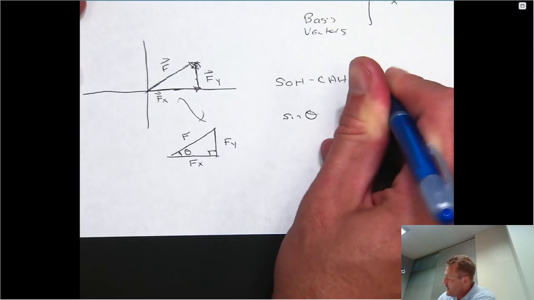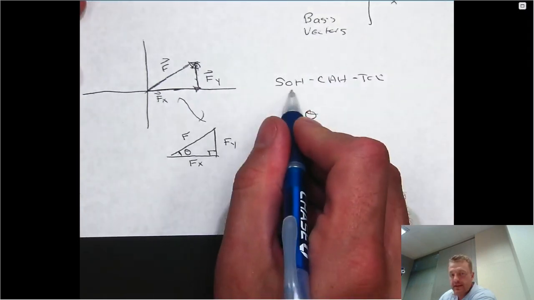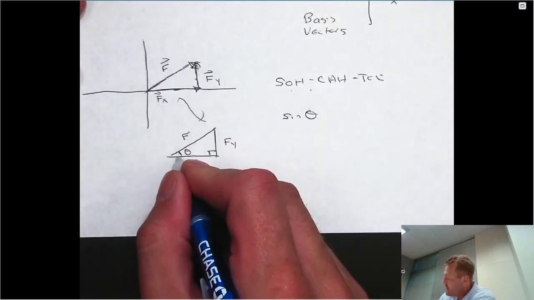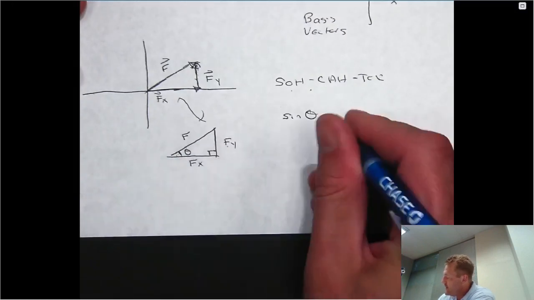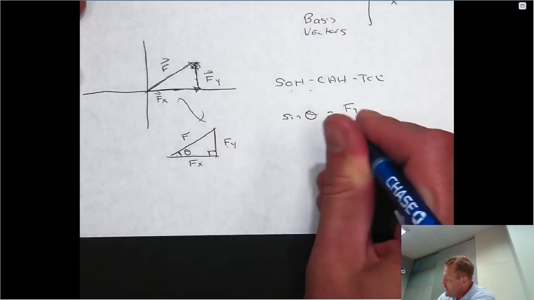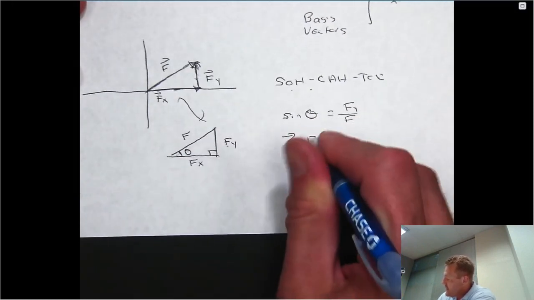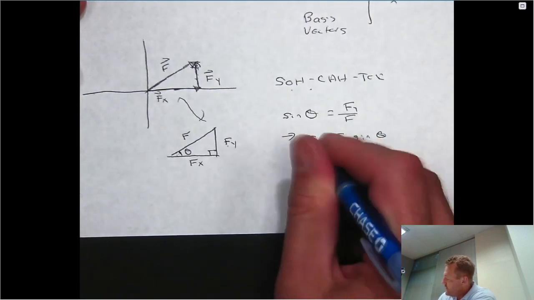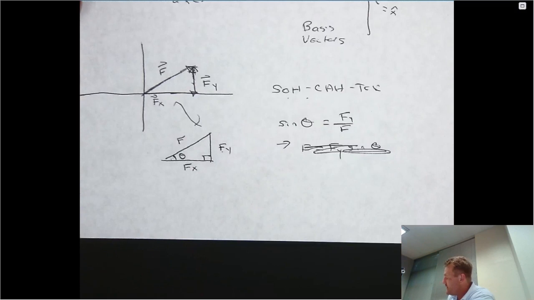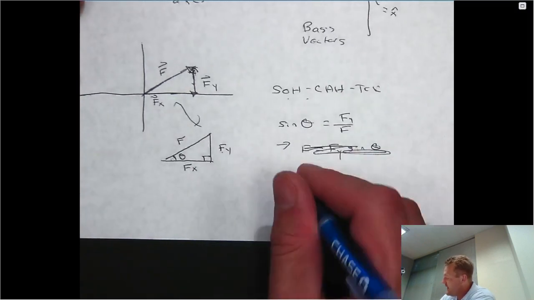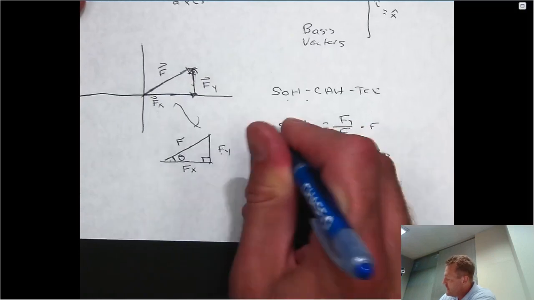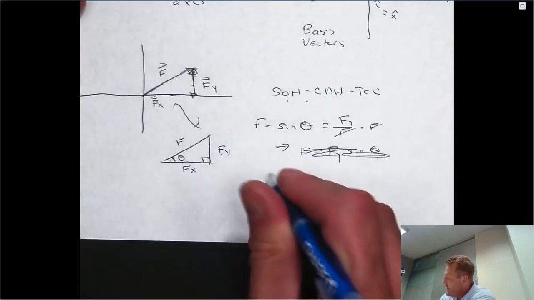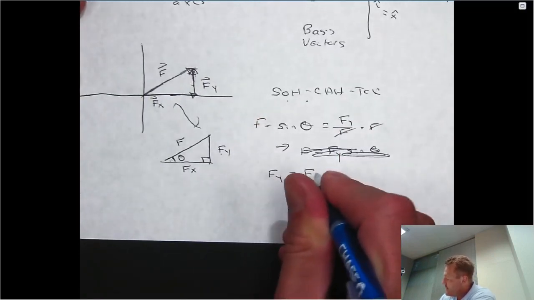So the sine of theta is just going to be the ratio of the opposite side length to the hypotenuse. What's opposite theta? That's Fy. What's the hypotenuse? That's F. So the expression that you usually see is this solved, which we had on the previous slide. If I multiply both sides by F, I can express the y component as F times the sine of theta.